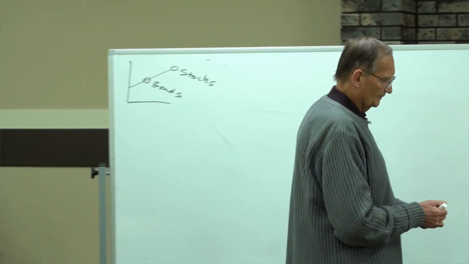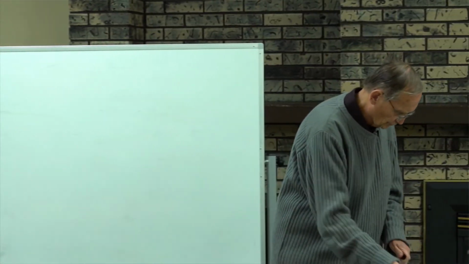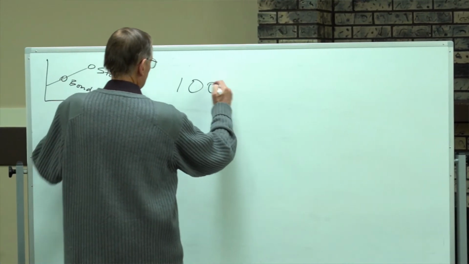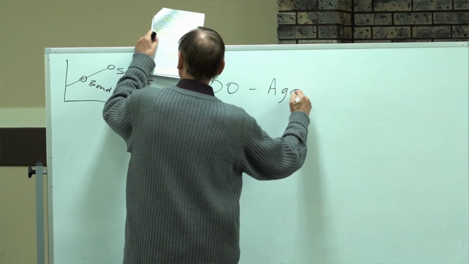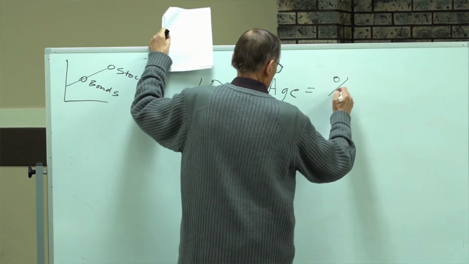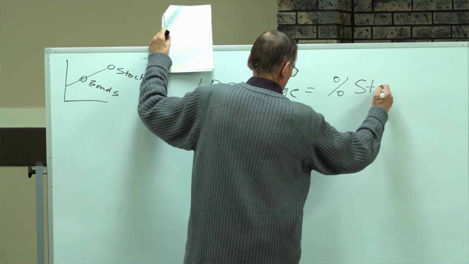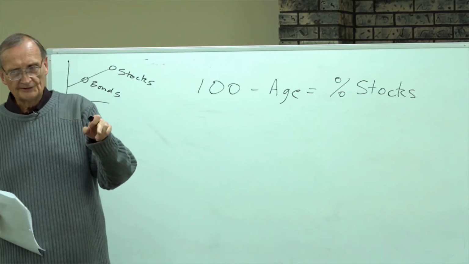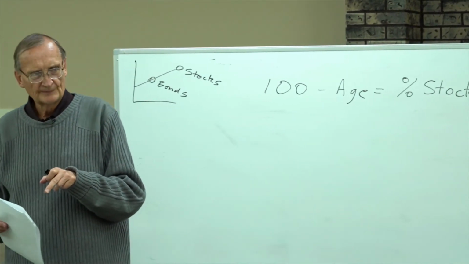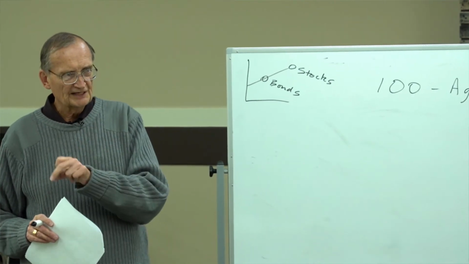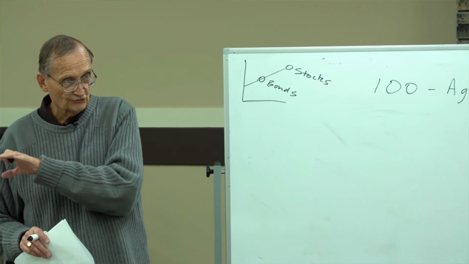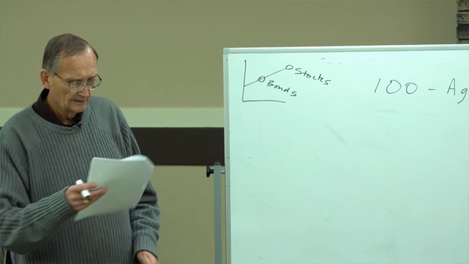Okay. Now, that brings up the following rule of thumb, and here's what it is. $100 minus your age is equal to the percentage of your portfolio, all the assets you own, that you should have in stocks, because stocks are risky.